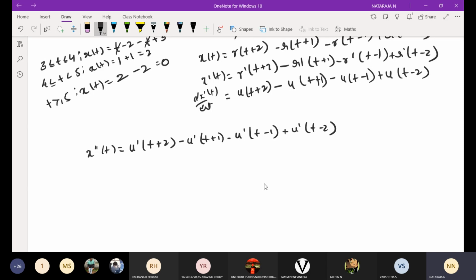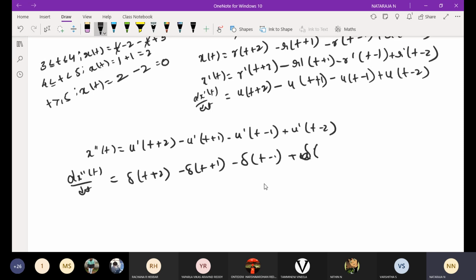Now the second derivative, d x double dash of t by dt, is delta of t plus 2 minus delta of t plus 1 minus delta of t minus 1 plus delta of t minus 2.